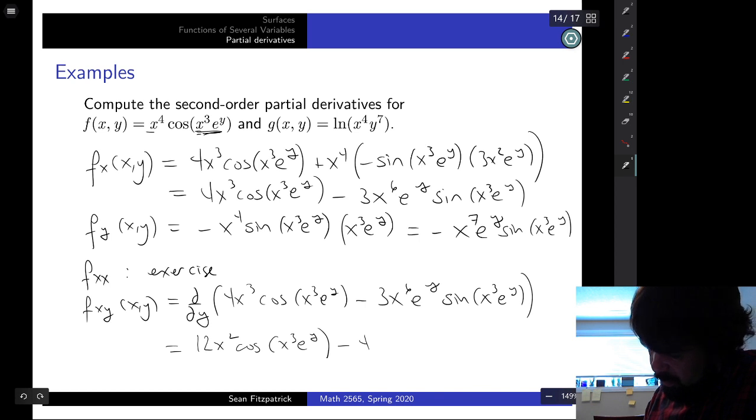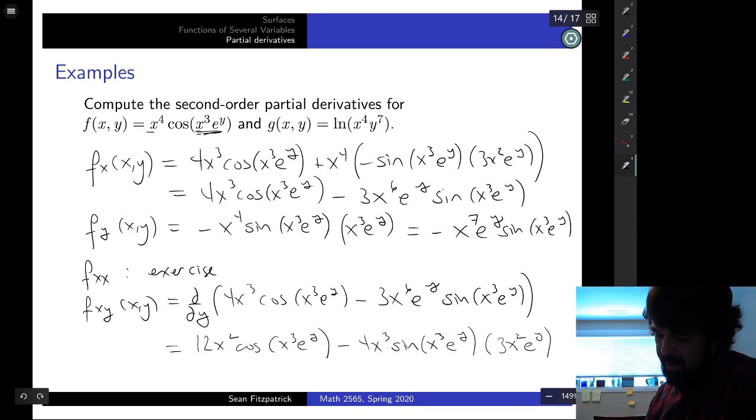Minus 4x cubed sine. That minus sign comes because the derivative of cos is negative sine. And then e to the y. And then I have to multiply by the derivative of the inside. X derivative of the inside, so 3x squared e to the y. Okay.